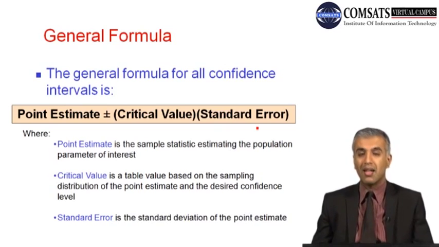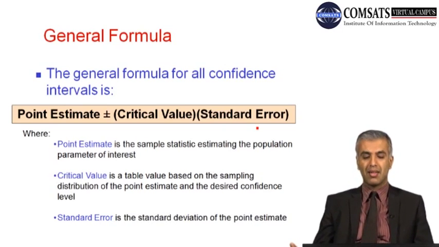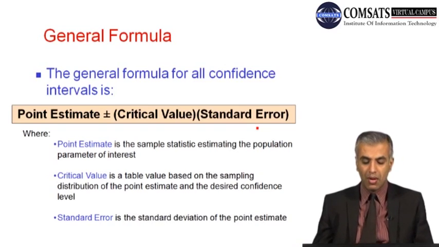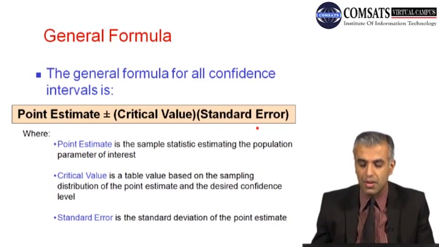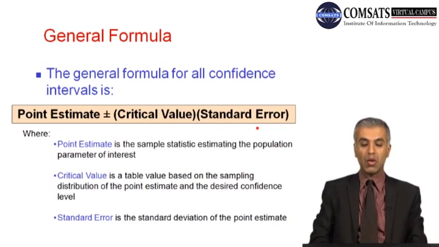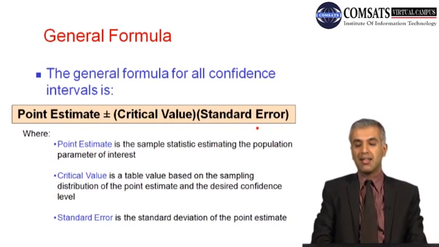These are the basic grounds for conducting this. We also have the standard error, which is the standard deviation of the point estimate. The same concept of standard error exists here for the point estimate, and again we are talking about the same kind of critical values we have been discussing before.